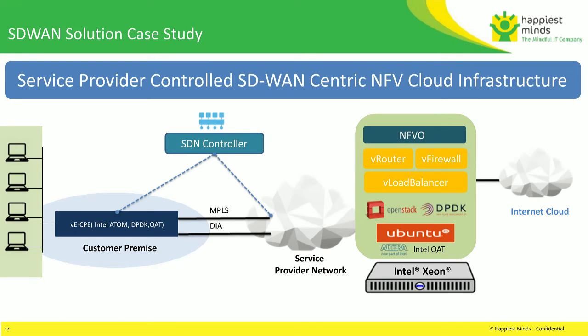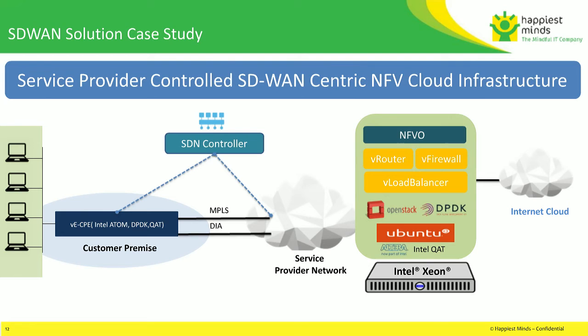On the left-hand side, we have the edge devices which were powered with a low-cost Intel Atom processor codenamed Rangeley. So Dharam just talked about the advantages of the low-cost devices which you can use at the edge. The Linux is accelerated by Intel DPDK and QAT and runs basic DHCP and DNS clients apart from the basic routing logic.